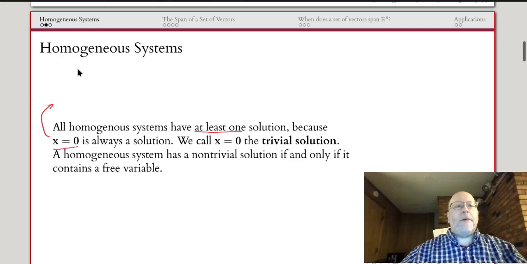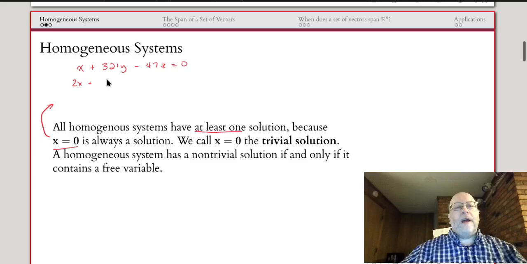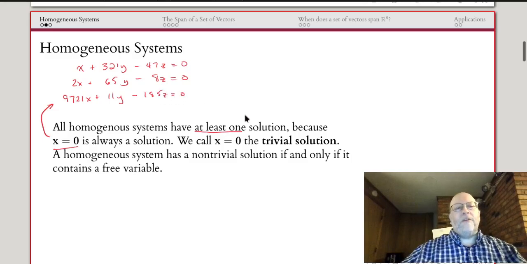So just making up an example, if I have x plus 321y minus 47z equals 0, and 2x plus 65y minus 8z equals 0, and 9721x plus 11y minus 185z equals 0.